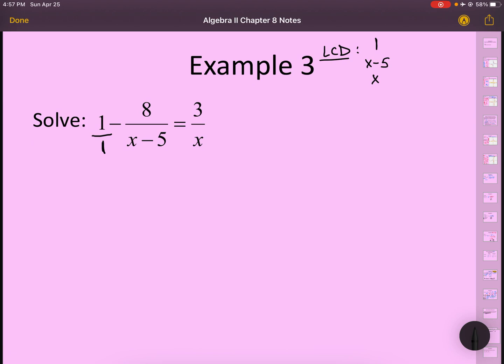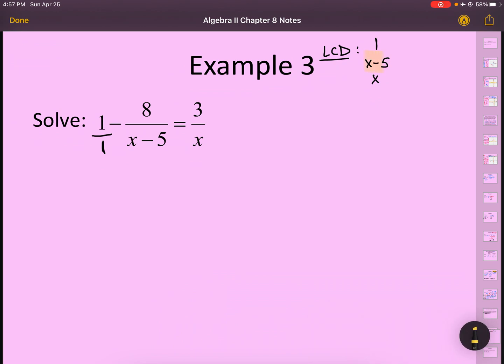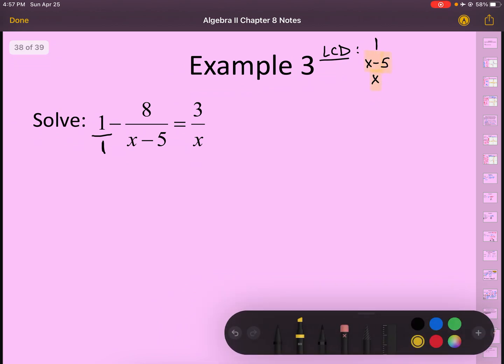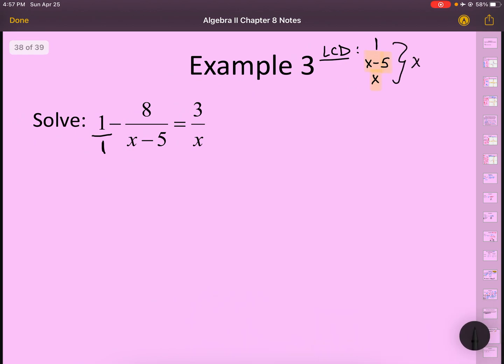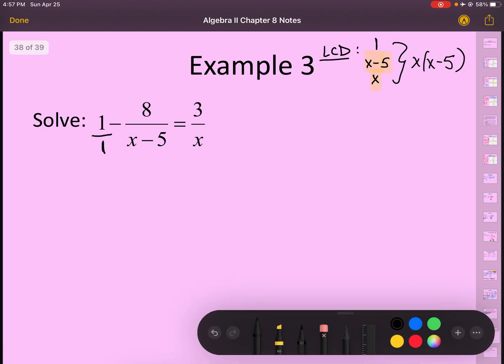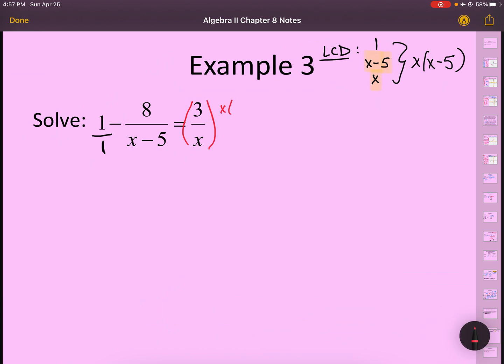Okay, so we put these together, I'm going to be left with figuring out here x minus 5 and the x do occur. So if we put these together, this is x times x minus 5. So here's my least common denominator. So that's what we're going to have to multiply both sides by.